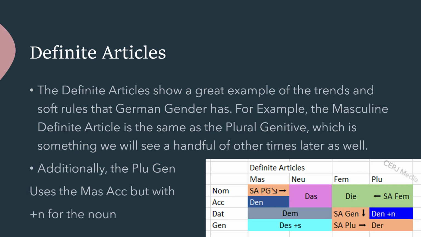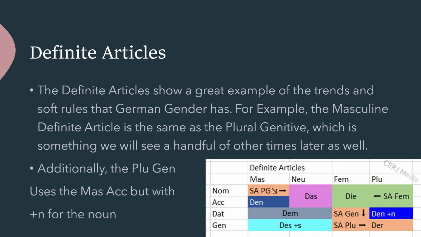Definite articles. So the definite articles show a great example of the trends and soft rules that German gender has. For example, the masculine definite article is the same as the plural genitive, which is something we will see a handful of other times later as well. Now this might be shocking to you, because there's this assumption that der by default is the masculine nominative and that is the default, right? I disagree.